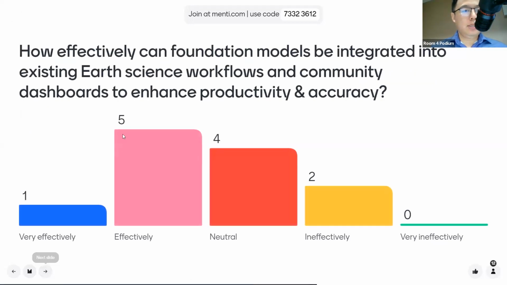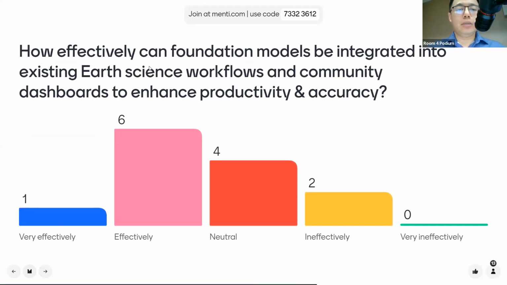All right, next question: how effectively can foundational models be integrated into existing science workflows and community dashboards to enhance productivity and accuracy? Eventually, the Earth foundational model is going to be integrated into operational services. So what do you envision about that?